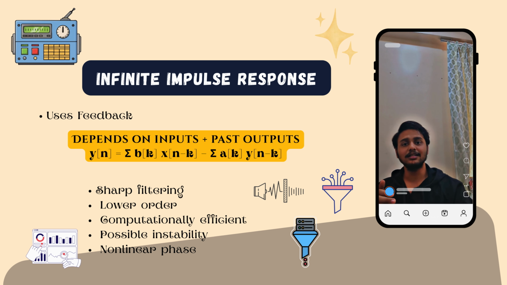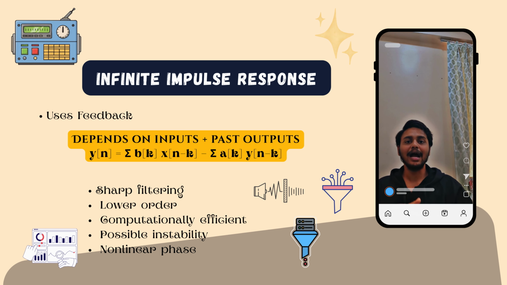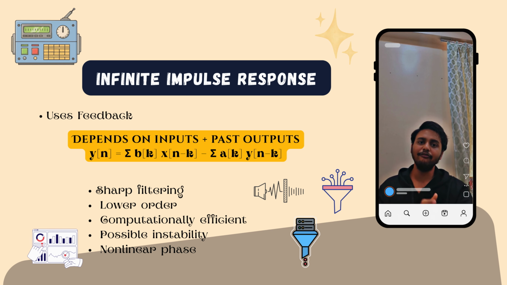The mathematical structure of IIR is given as y[n] = summation of b[k] times x[n-k], as it was in FIRs, plus we also add negative a[k] times y[n-k]. Because of feedback, IIR can achieve sharp filtering with fewer coefficients as well.